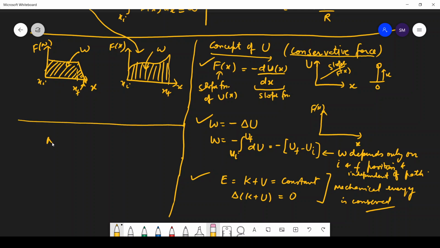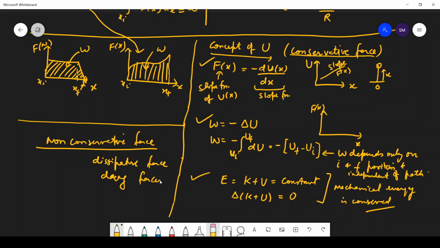So non-conservative forces, I told you, are the forces in which heat is dissipated, so we also call them dissipative forces, drag forces also, and the example of that is friction force. And we studied the formula for the friction force.